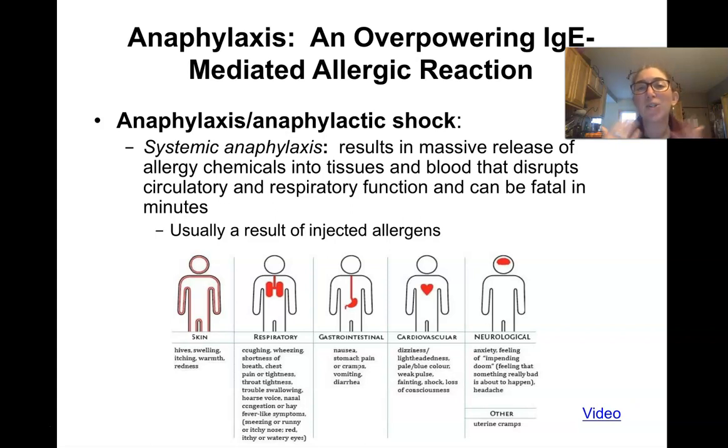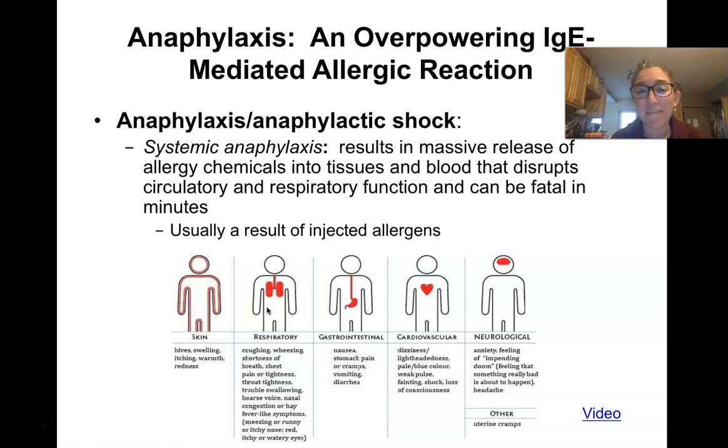All right, those are still localized reactions, but had he had an anaphylactic reaction, it would be histamine not just being released in his mouth, but throughout his body, in his blood, which can basically cause swelling and inflammation of the internal organs, particularly of importance, the respiratory and cardiovascular system.